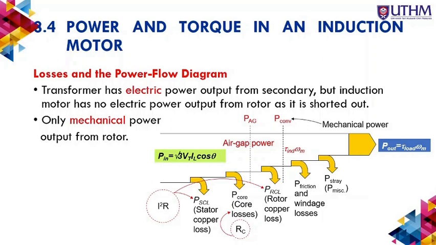The transformer has an electric power output from the secondary, but the induction motor has no electric power output from the rotor, because the secondary, or the rotor, is short circuited. There is only a mechanical power output from the rotor.